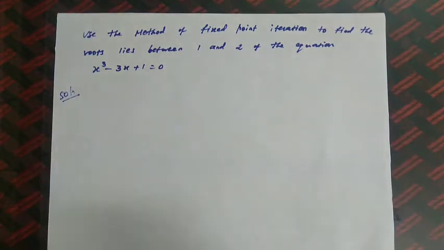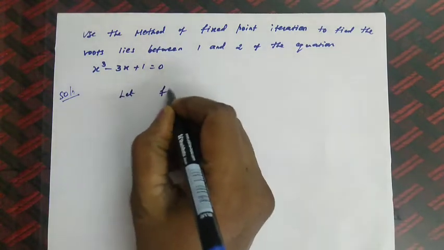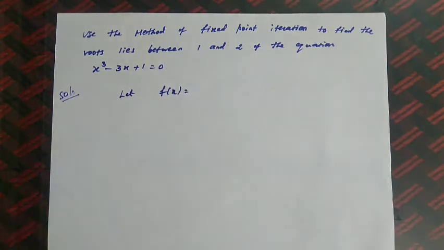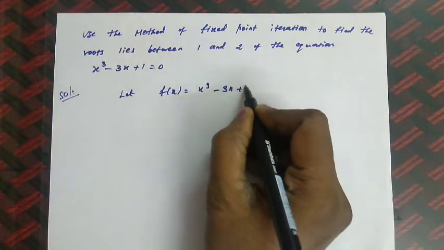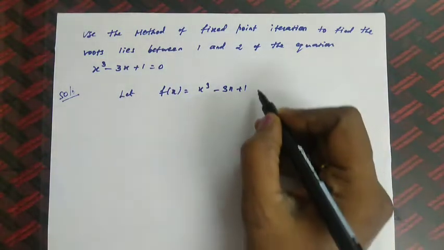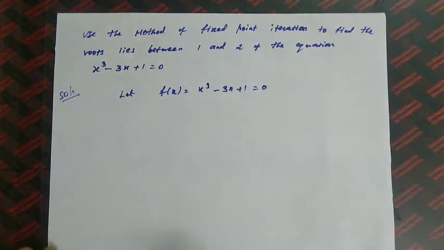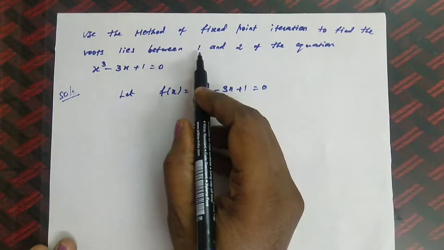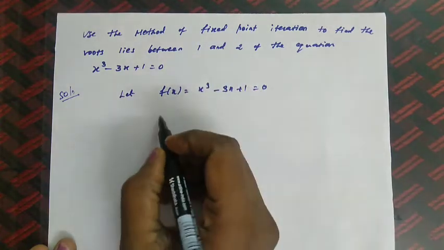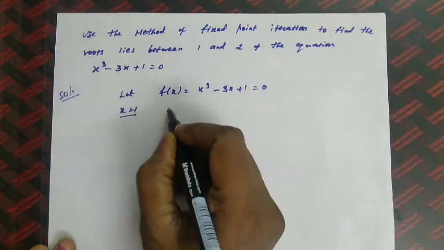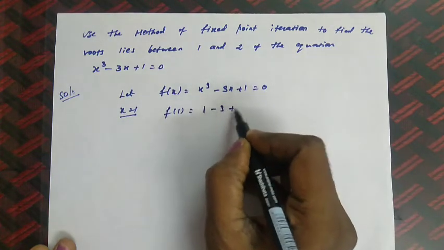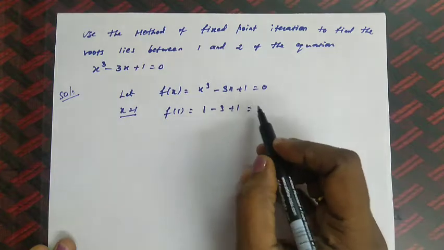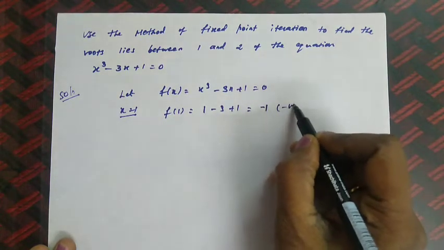First we will take the given f of x. Let f of x be x cube minus 3x plus 1, equal to 0. So the first step is to find where the root lies. It is given in the question that it lies between 1 and 2. So we put x equal to 1. f of 1 is 1 minus 3 plus 1, so we get minus 1, a negative value.